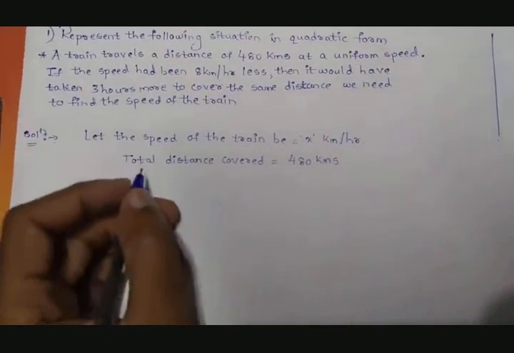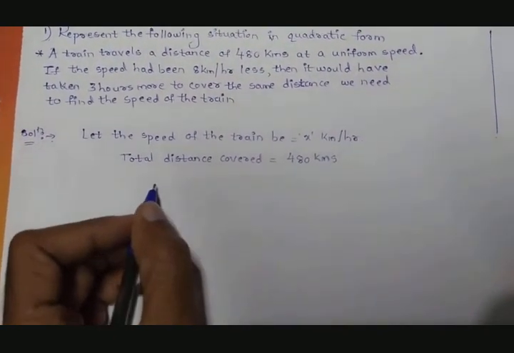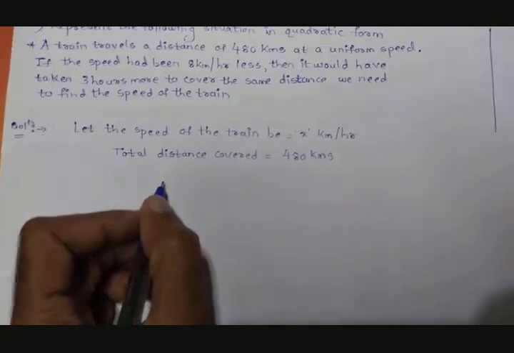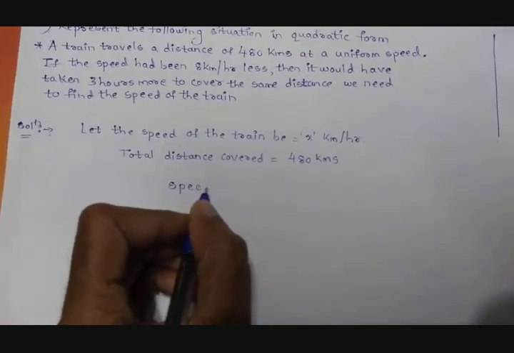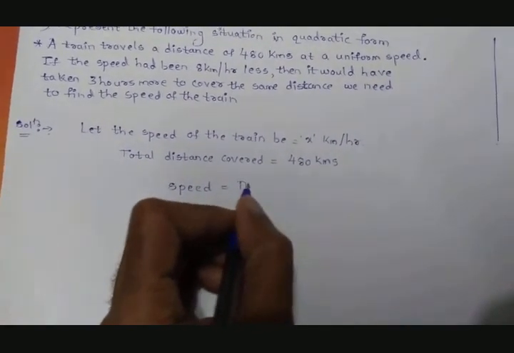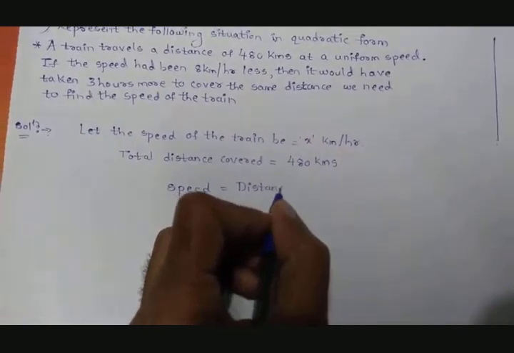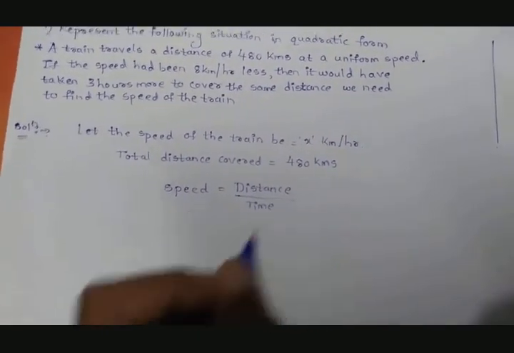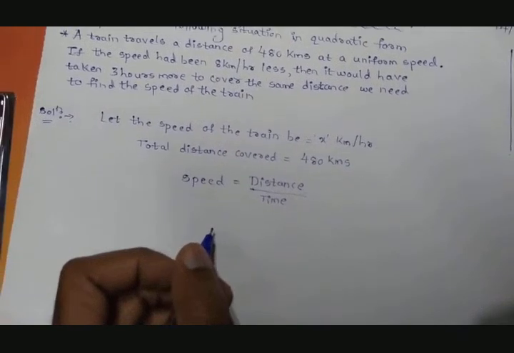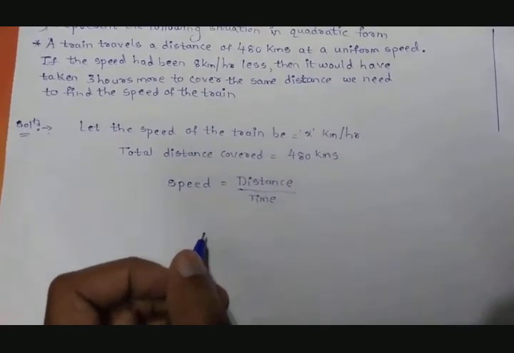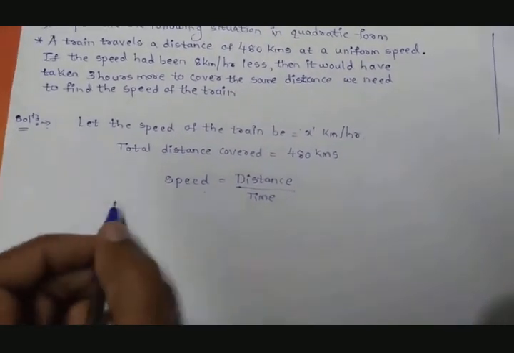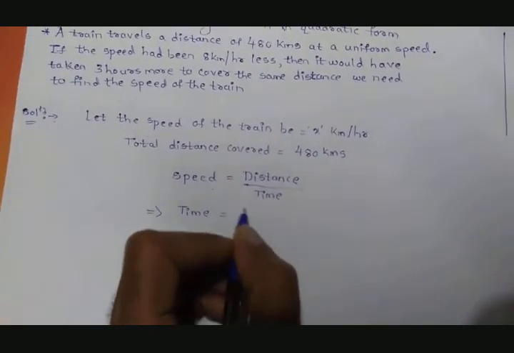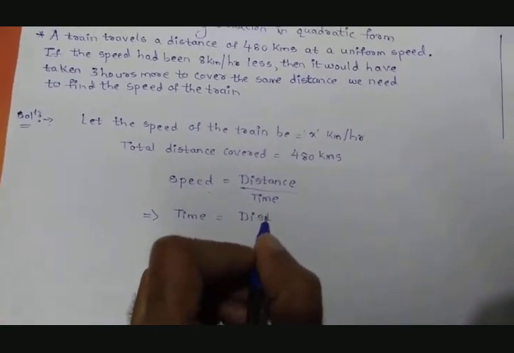So how do we find out that? We will use the basic speed formula, that is speed is nothing but distance divided by time. So we need to find the time taken. We will cross multiply time with speed. So this implies time is equal to distance divided by speed.